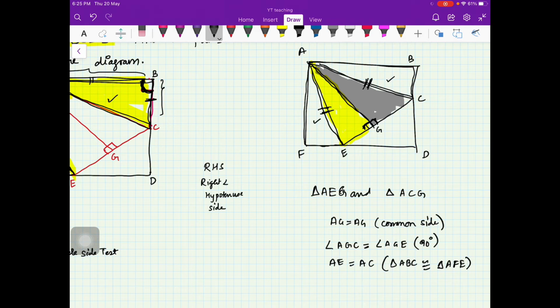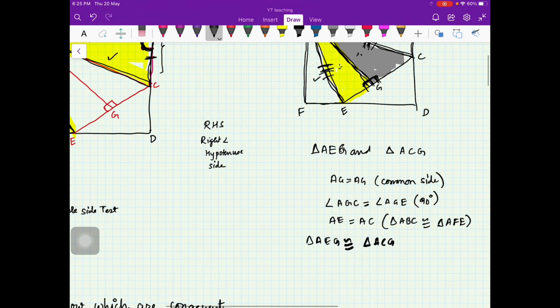So in these two triangles, the hypotenuses are equal, the perpendicular side is common, and one angle is a right angle. Therefore, triangle AEG is congruent to triangle ACG by the RHS test.